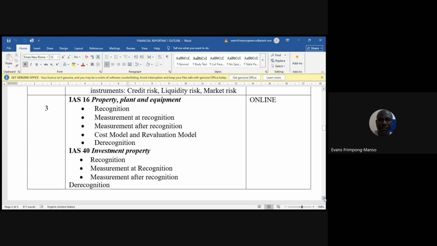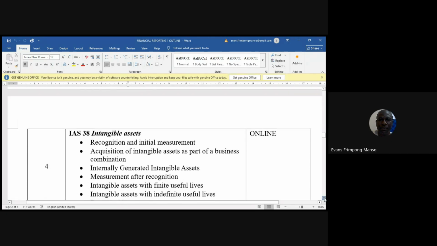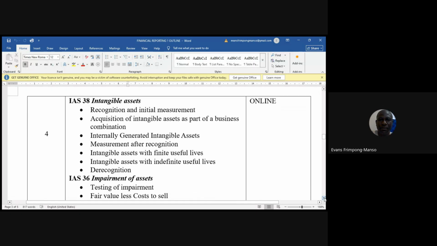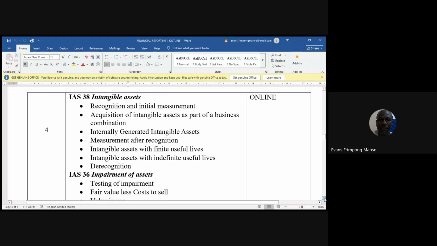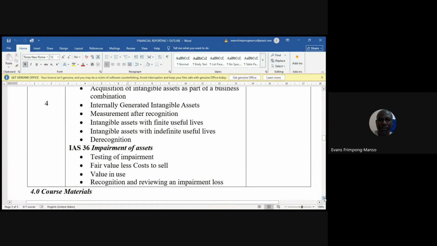Then we will also look at investment property. This will be catered for in the 3rd meeting. Then our last meeting, we will look at IAS 38, intangible assets, and then IAS 36, impairment of assets.